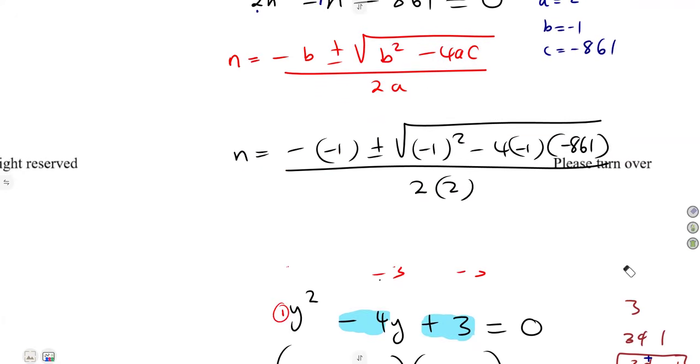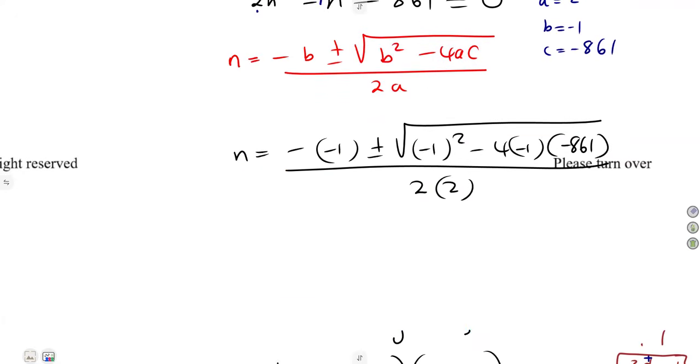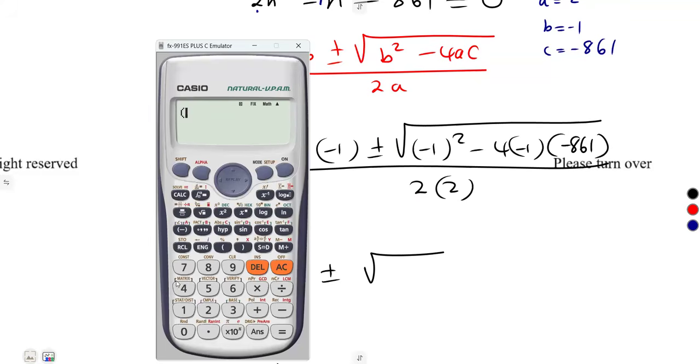So I can simply substitute these values, then simplify with the calculator. Negative negative gives us positive 1, plus or minus the square root of, so just play around with your calculator here. 4 by negative 1 times negative 861.